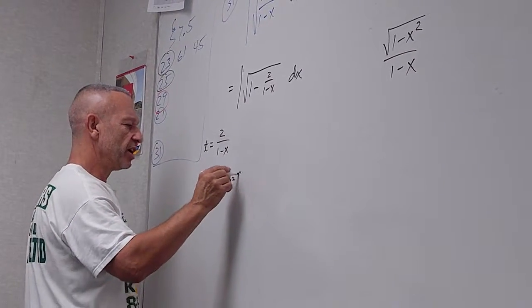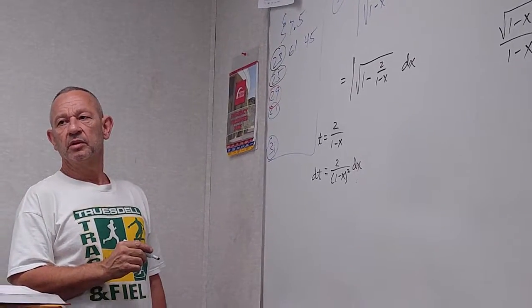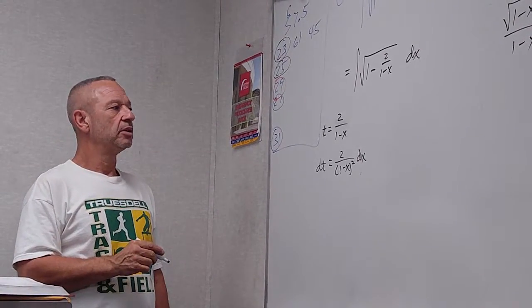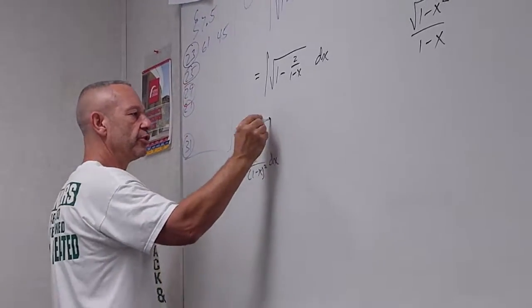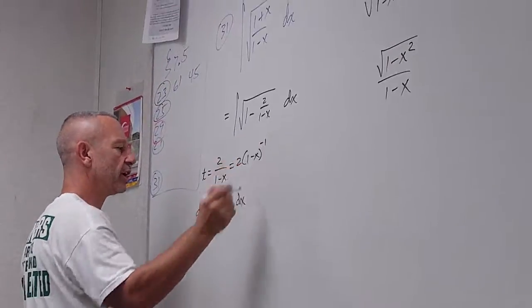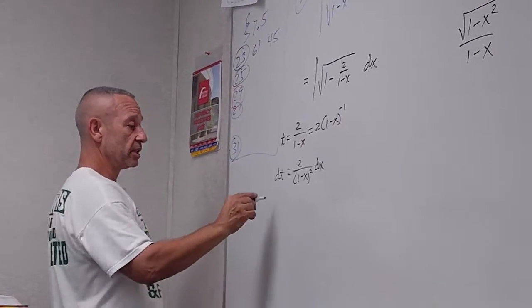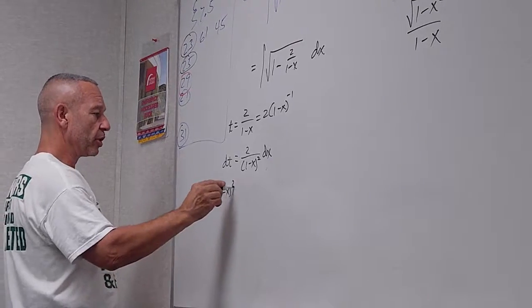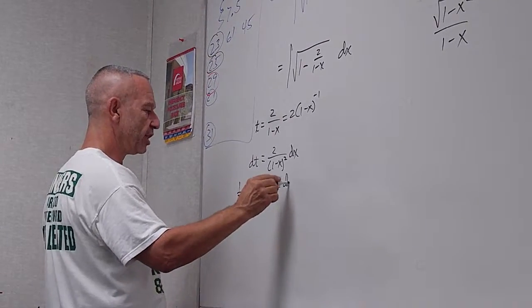Why will it end up being a positive 2 though? Because it's a negative times a negative 1, when I do the derivative of this, because this is 2 times (1 minus x) to the negative 1. So this actually does show some promise, doesn't it? (1 minus x) squared dt, maybe 1/2 equals dx.